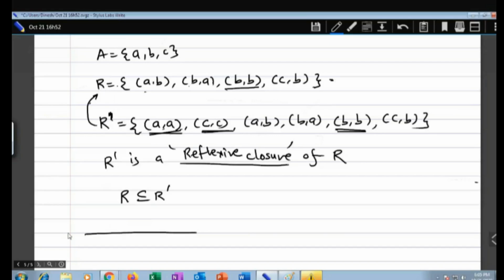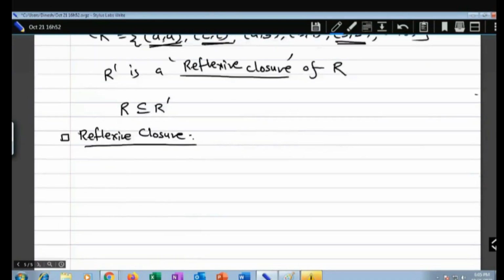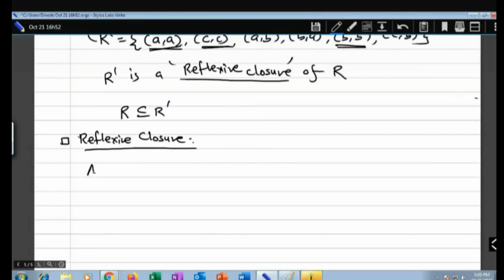Okay. So let me write the definition of reflexive closure. A relation, let's say R on set A, or say a relation R dash. Okay, we are talking about closure.